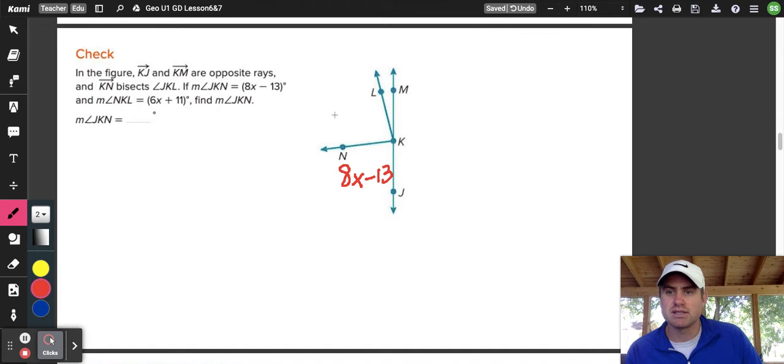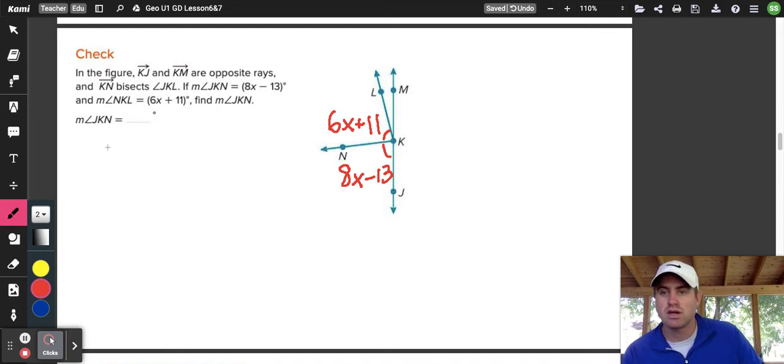NKL is 6x plus 11. And it also says that KN bisects JKL, meaning that this angle is congruent to this angle. And actually, we're looking for the angle JKN.